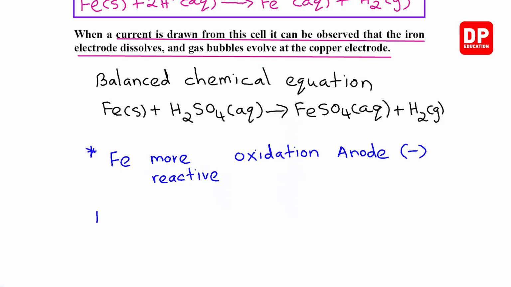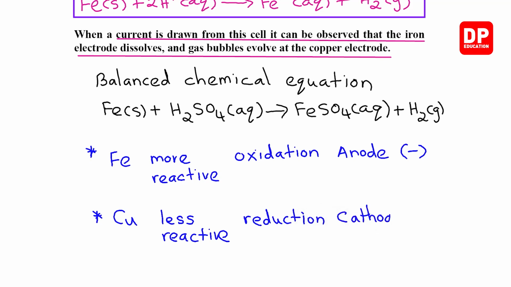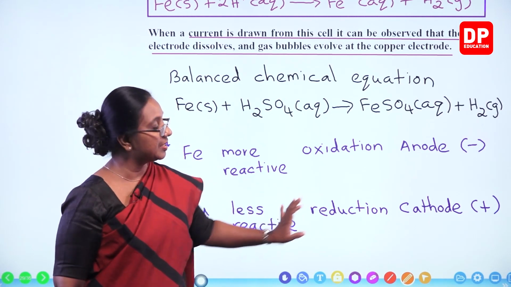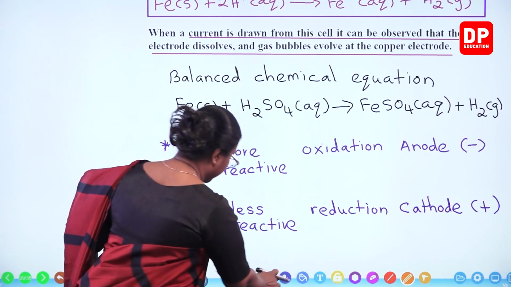At the same time, copper is less reactive, so there will be reduction taking place, and therefore it is the cathode and it becomes positively charged. So these are all information that you have to remember.